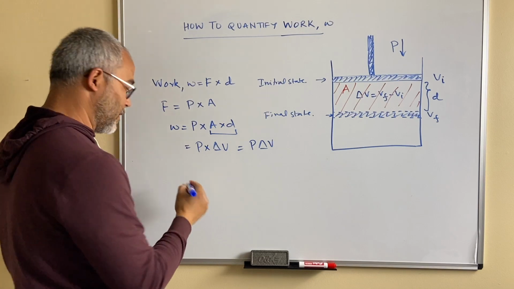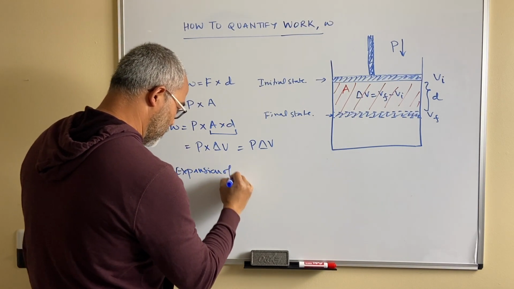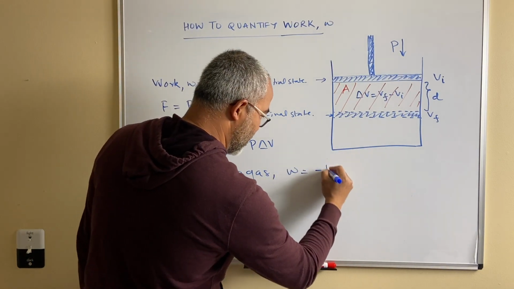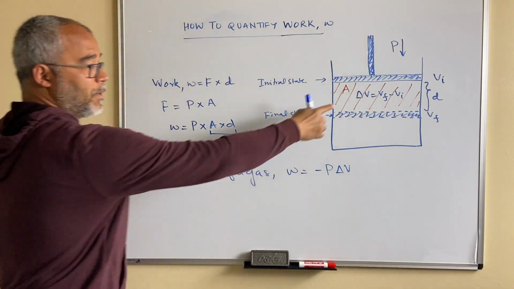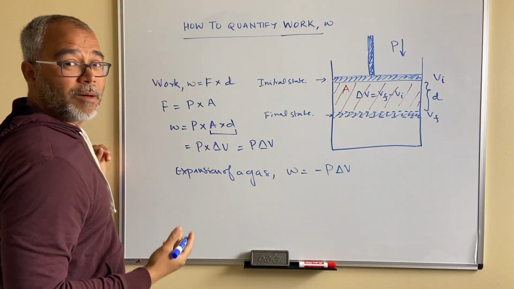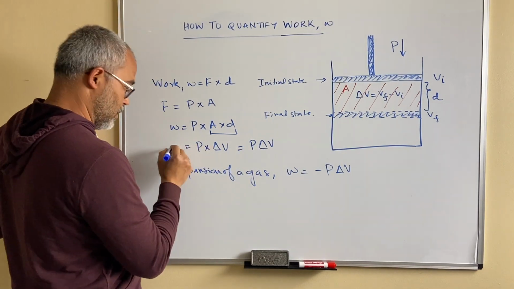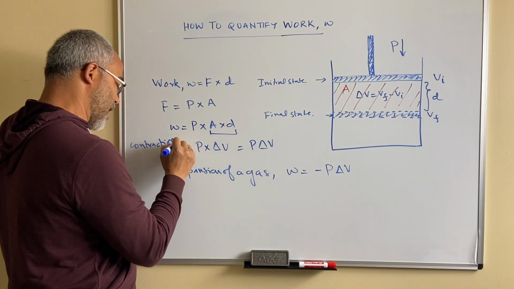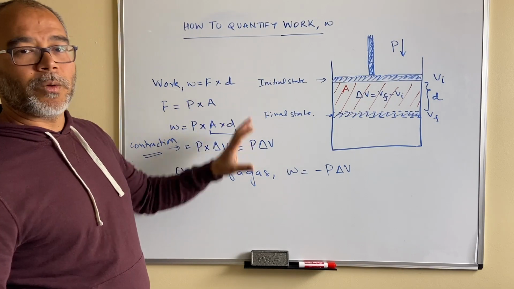So in the case of expansion of a gas, work would be equal to negative P delta V, okay? Therefore, the earlier scenario would be an example of a contraction of a gas, okay? So I'll write that down here, contraction.